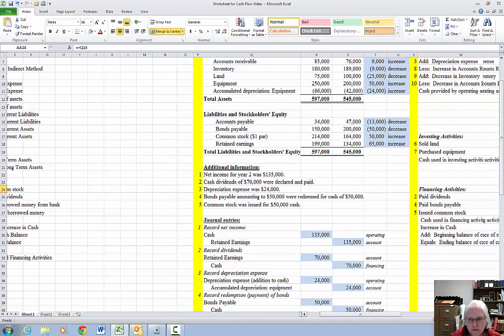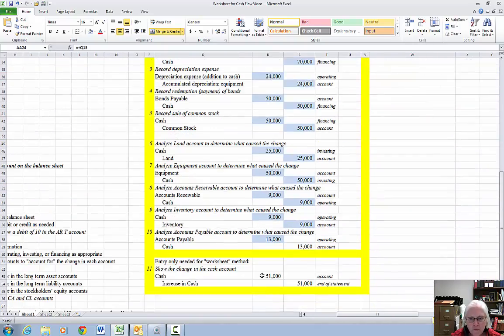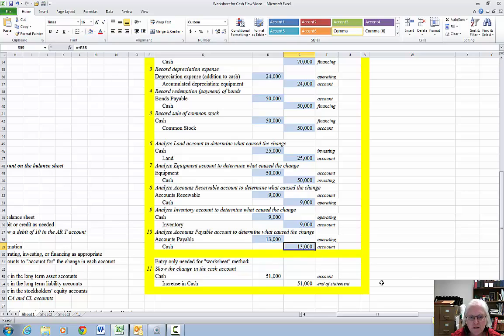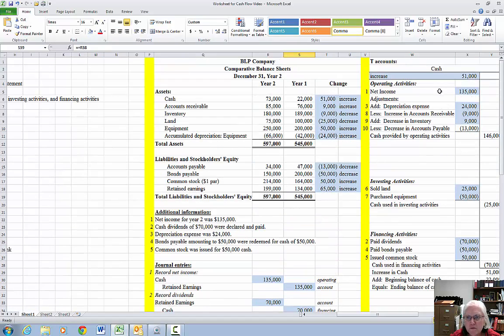Since accounts payable decreased, that's a debit, and we credit cash, so we're going to decrease our cash. We paid off our accounts payable.